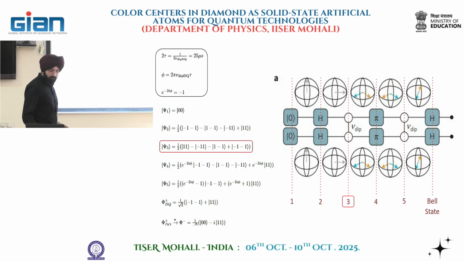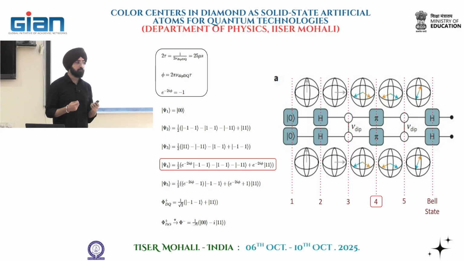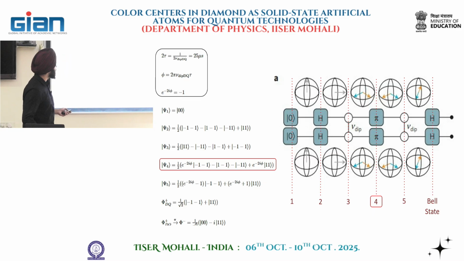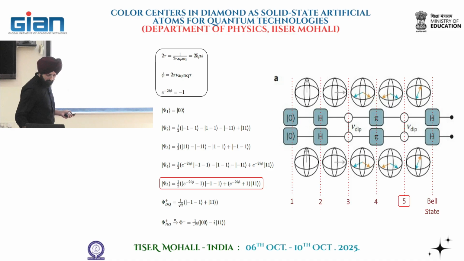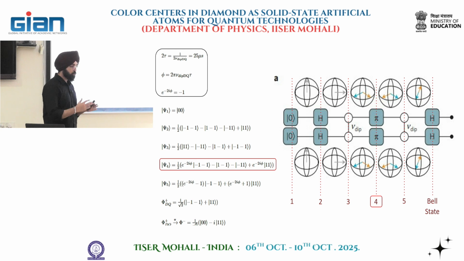During this coupling, the two states that have the same product signs acquire a phase over this time due to the coupling between the NV centers. The next step would be applying a pi pulse, which again accounts for all the local noise that has been introduced in the spin states.